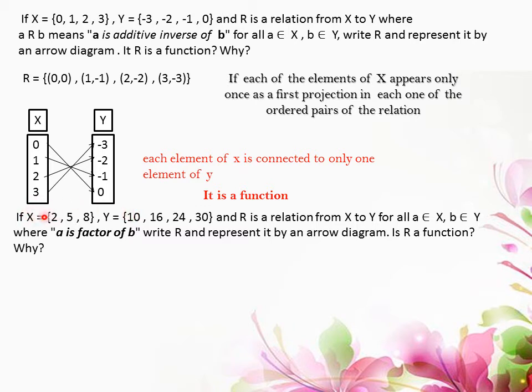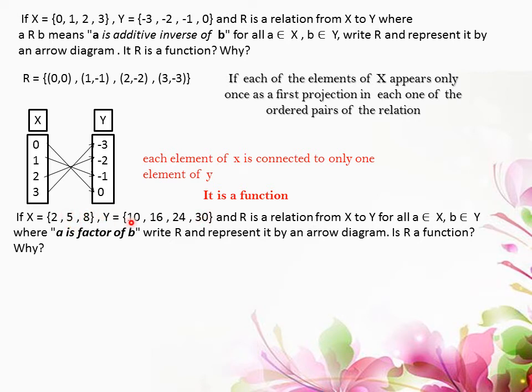So 2 is a factor of 10, and 16 is 2 times 8, so 2 is a factor of 16. 24 is 2 times 12, so 2 is a factor of 24, and 30 is 2 times 15, so 2 is a factor of 30.